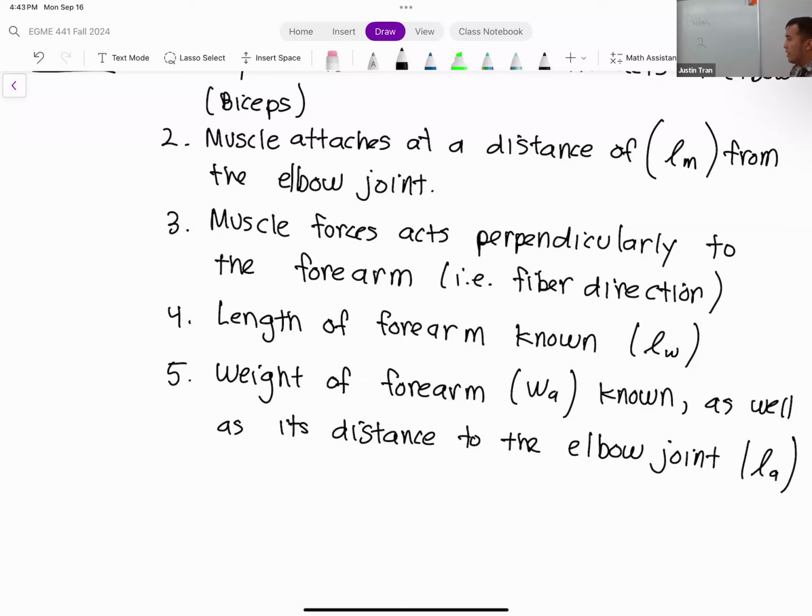So that weight of the forearm is known as well as the distance to the elbow joint. We'll call that L.